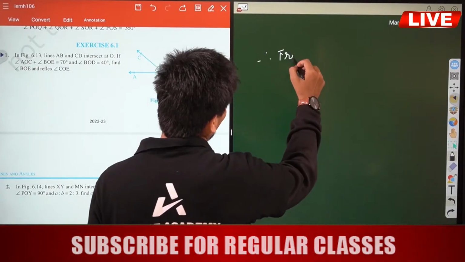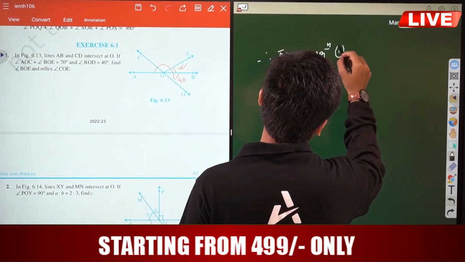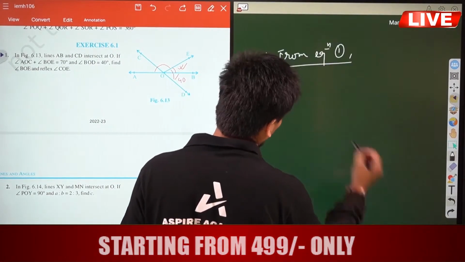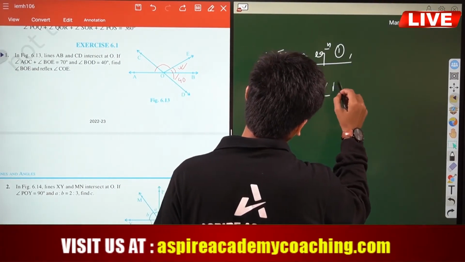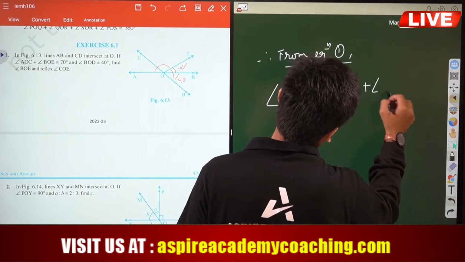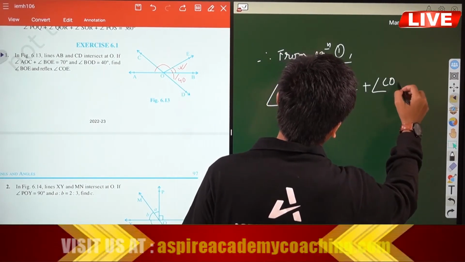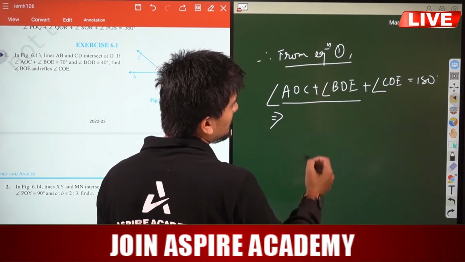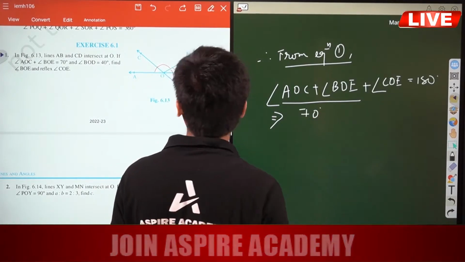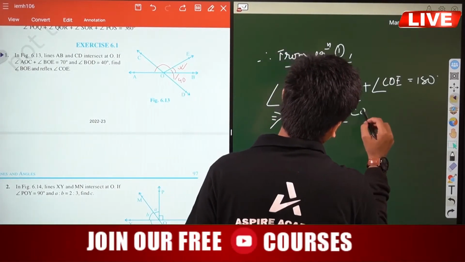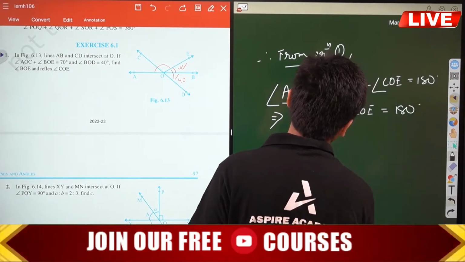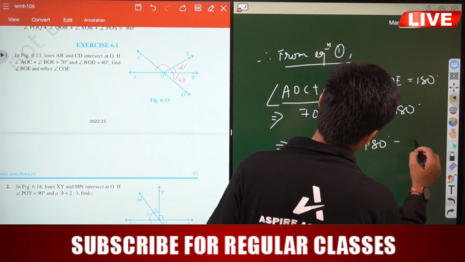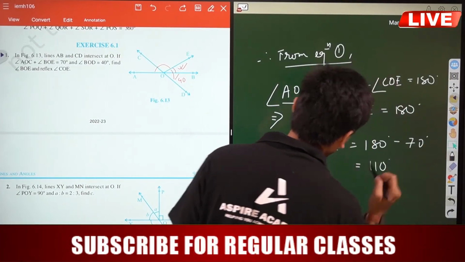From equation 1, angle AOC plus angle BOE plus angle COE equals 180 degrees, which implies, since AOC plus BOE is 70 degrees, it is given, 70 degrees plus angle COE equals 180 degrees. That means angle COE equals 180 minus 70, which equals 110 degrees.